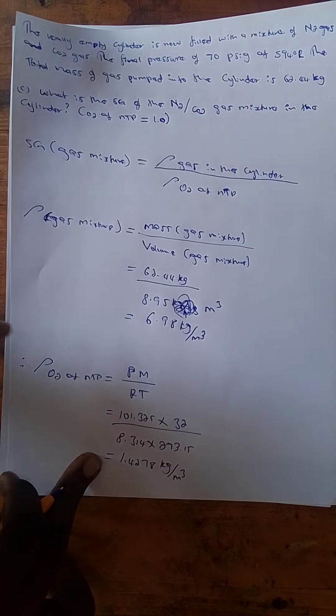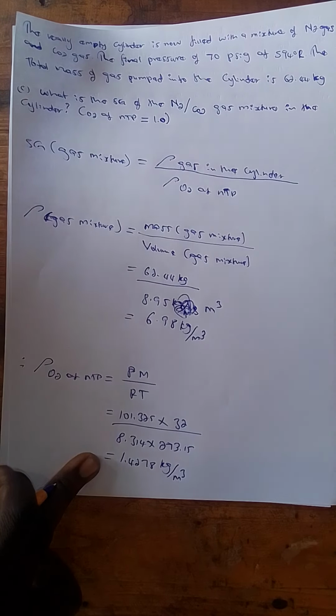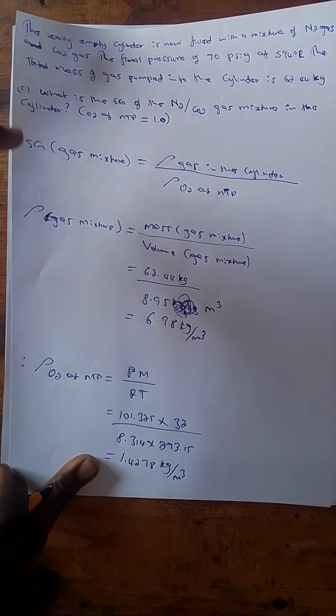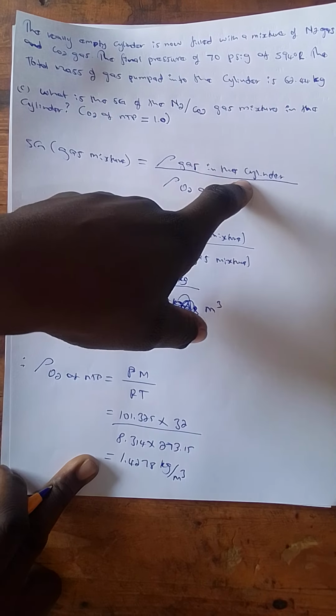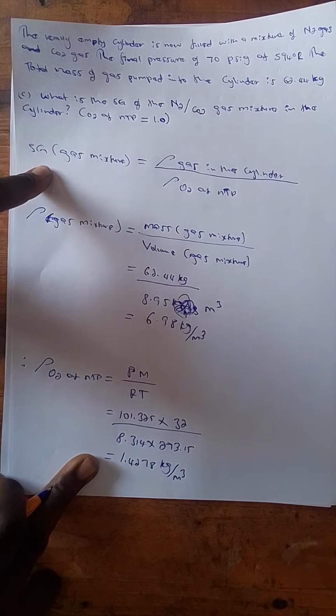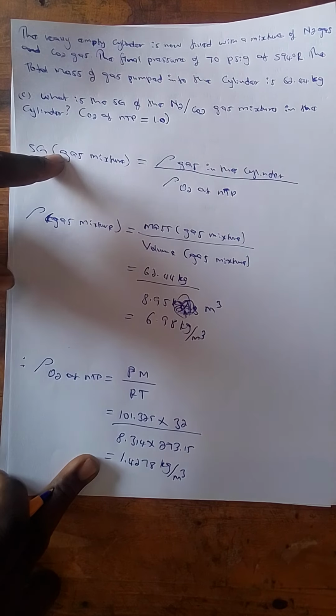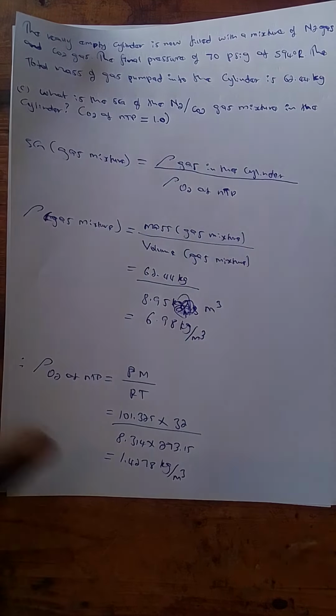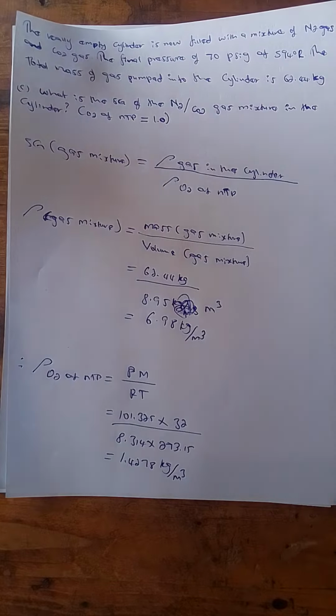So now we have two densities: the density of the gas in the cylinder, and the density of O2 at NTP. Based on this equation, we can easily calculate the SG of the mixture.